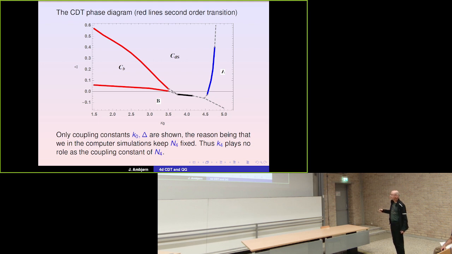But this phase, which we have called the de Sitter phase, for reasons I will explain in a second, is very interesting. And then this phase here is not so interesting, but still interesting because it appears at the phase transition line here. And in particular, this phase transition line has a very simple interpretation.